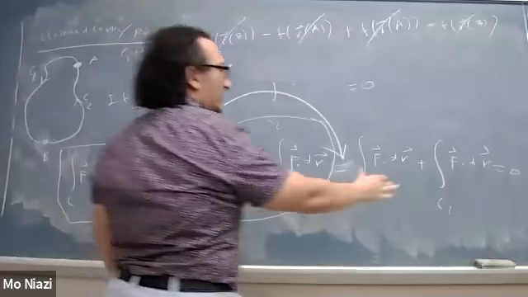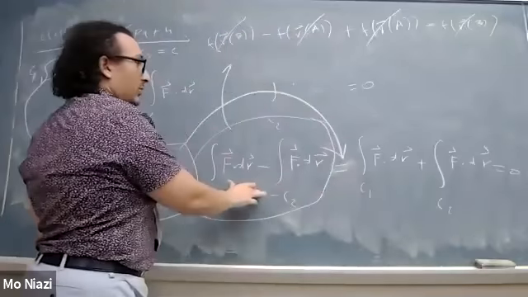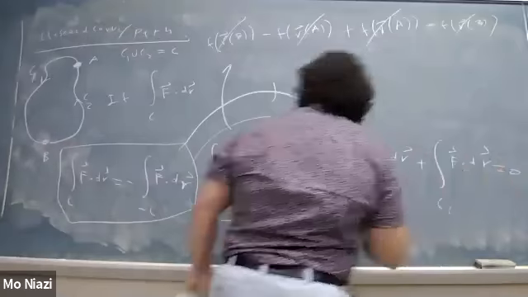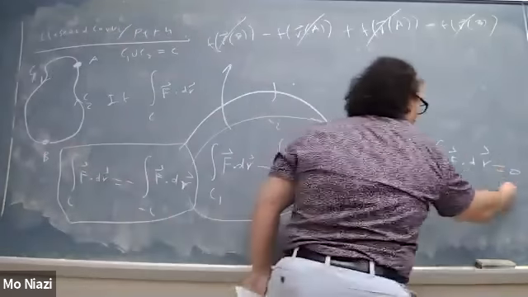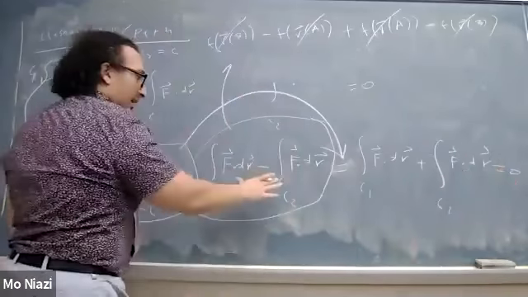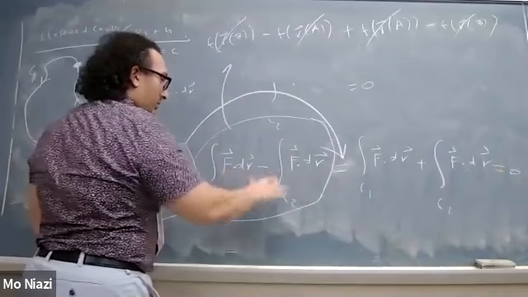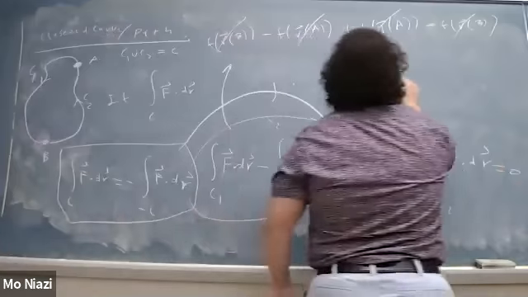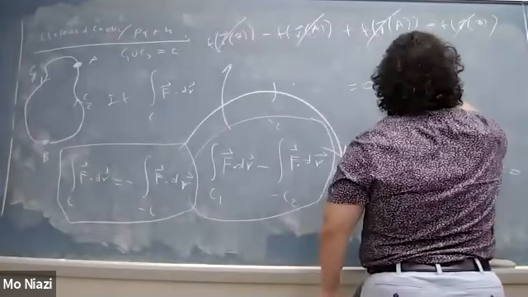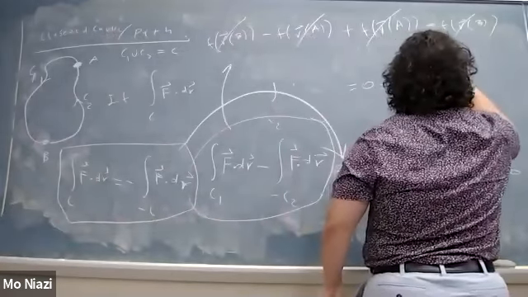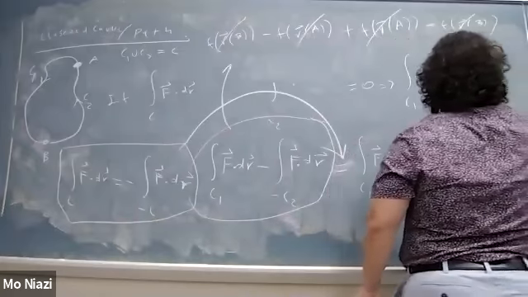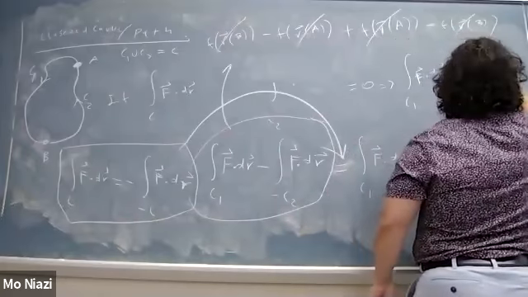So if these two are the same thing as these two, which equals 0, then these guys equal 0, meaning if I set this equation equal to 0 and add one of these integrals to both sides, I get positive negative C2.